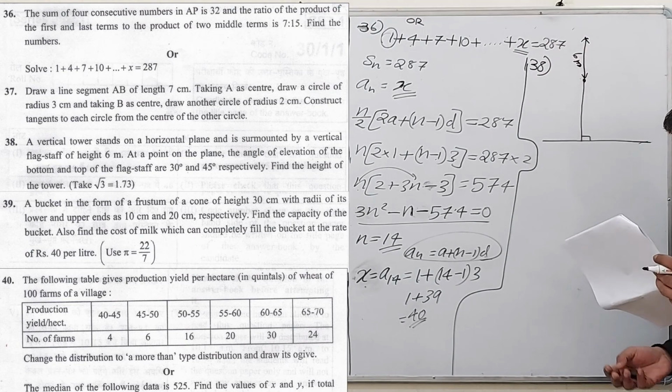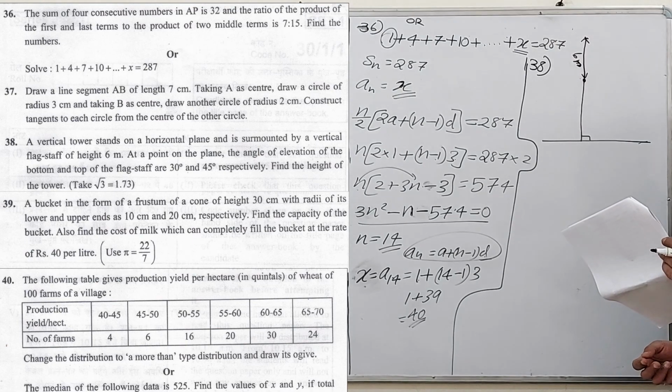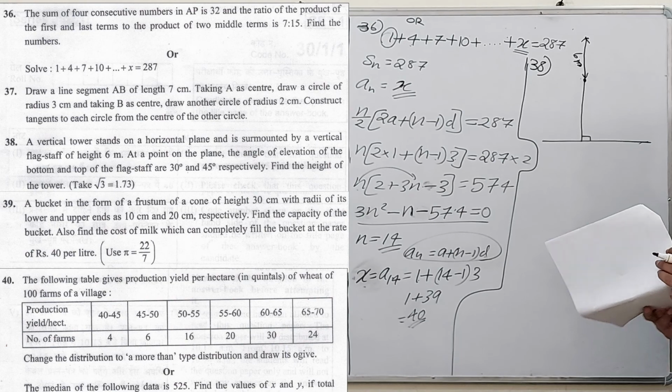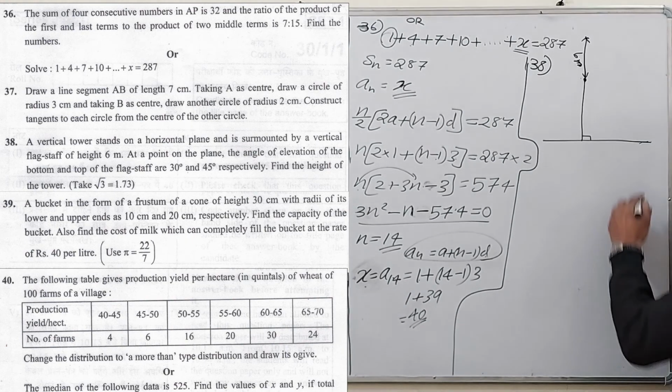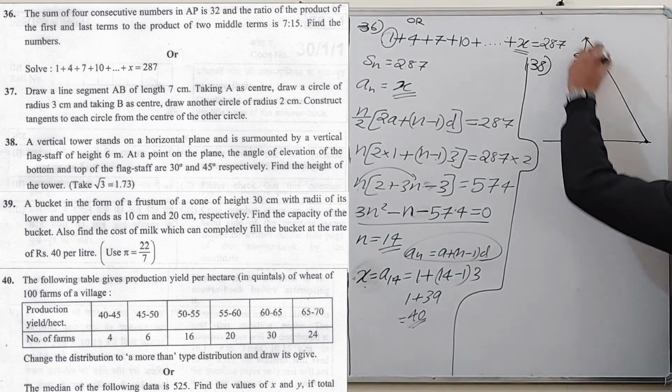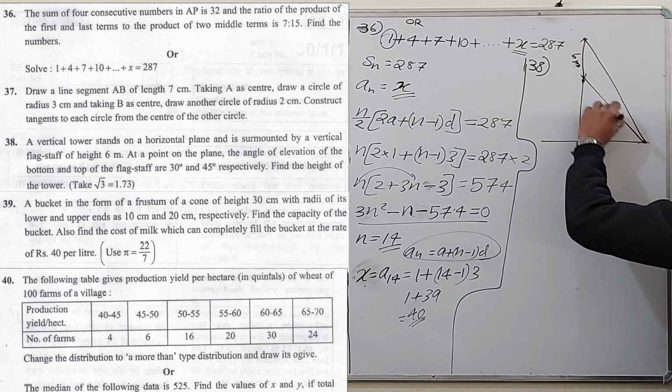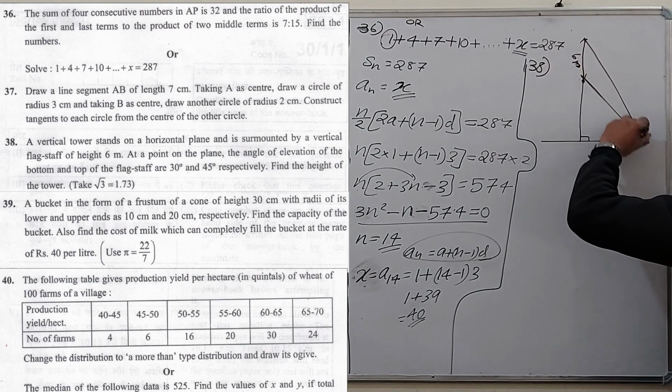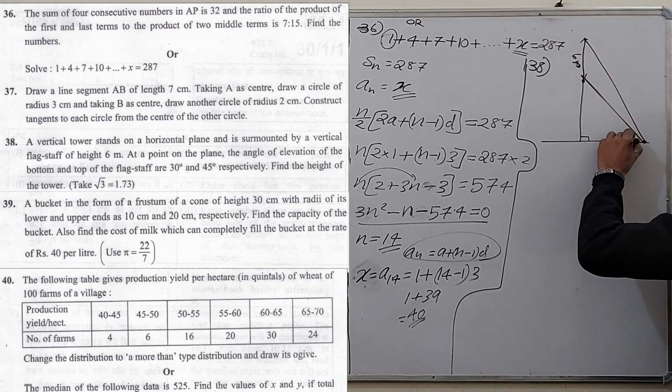Okay. Then at a point on the plane, the angles of elevation of the bottom and top of the flagstaff are 30 degrees and 45 degrees.